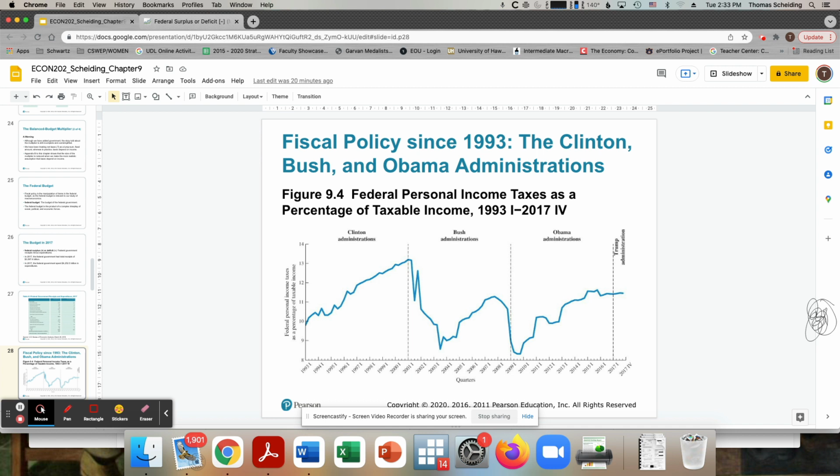We can see that if we just look at this chart here, during the Clinton administration, tax rates went up as a portion of taxable income and then fell during the Bush administration to a pretty low level here at the end of the 2001 recession. And then as taxable income grew, taxes grew, and that brought us to the 2008 crisis, which during the Obama administration, then again, we saw that increase.